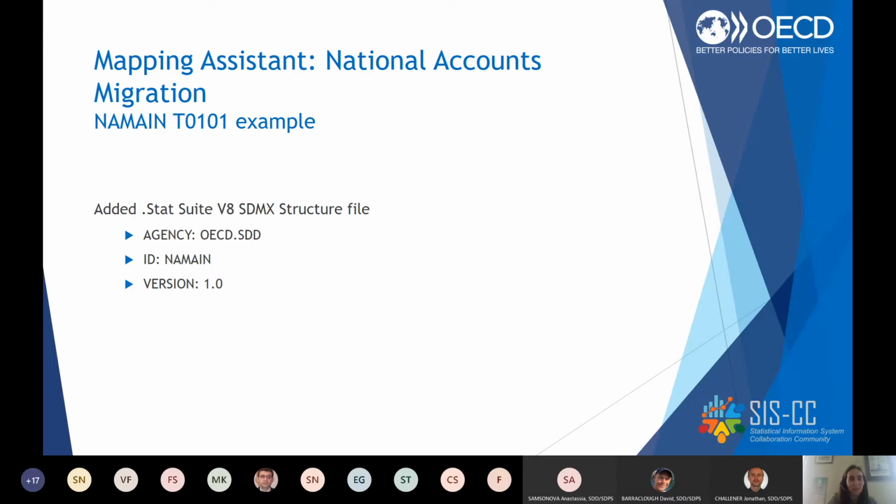I can go more into that later, but maybe I should just go with the example here. So the agency is us, and then we have the ID, national accounts main aggregates, and the version number. So that's the first step, adding the structures into Mapping Assistant.